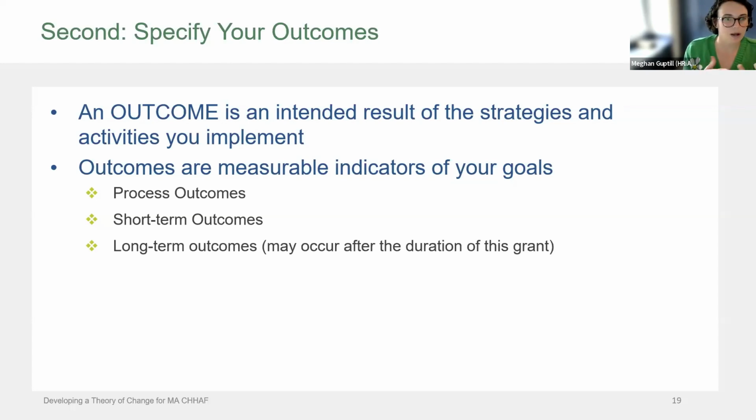What's your short-term outcome? Something that you might think to see movement or to achieve within a year or two, within the span of the grant. And then those longer-term outcomes, those might happen towards the end of the funding period or even past the end of the funding period, which again, we completely understand. And that's something that we would expect to see.